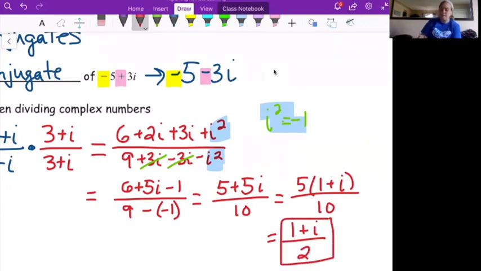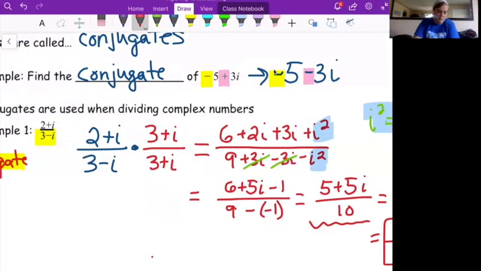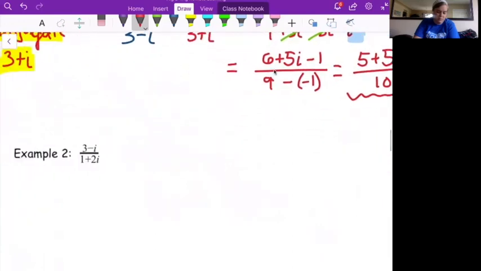Now, at this point, I would accept this answer of 5 plus 5i over 10, but 1 plus i over 2 is the more simplified answer. Okay, so let's look at one more example.